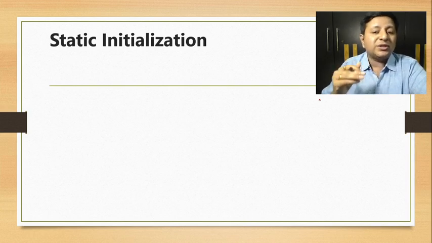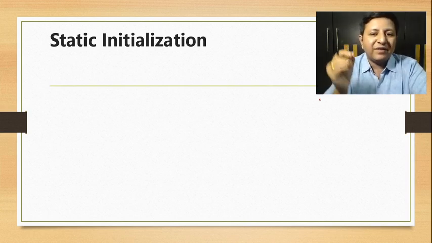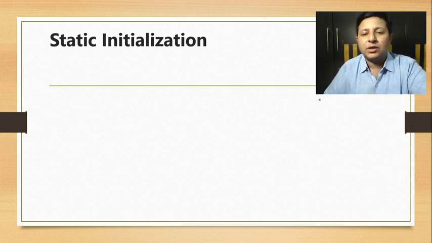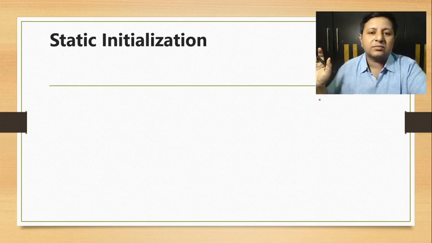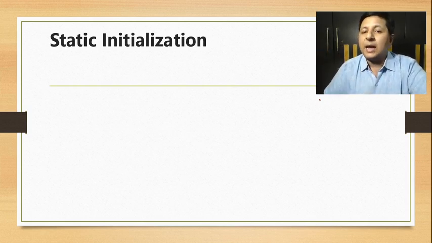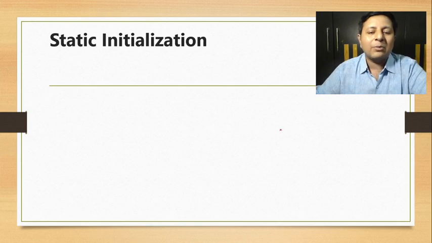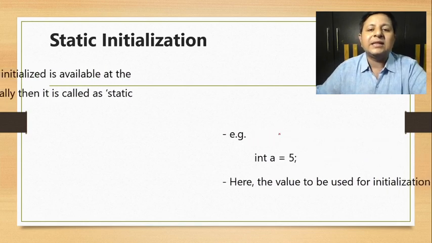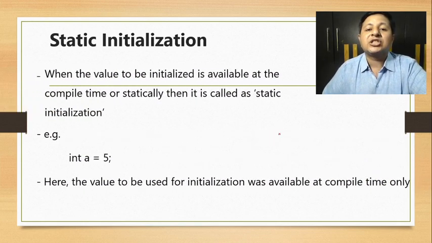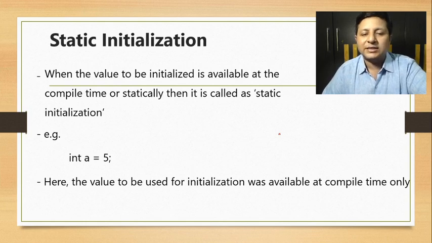But if the value which is to be initialized is available from the compile time, so we don't have to wait for the program to execute to generate the value, then we say it is static initialization. If you're not clear, I'll repeat. If the value which is to be initialized is available at compile time, or available statically, then we say it is static initialization or compile time initialization.